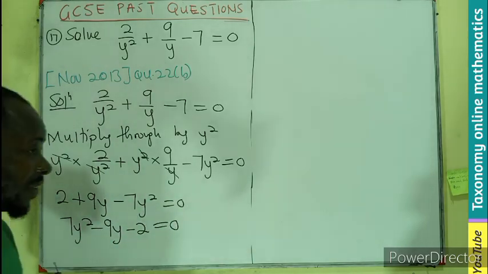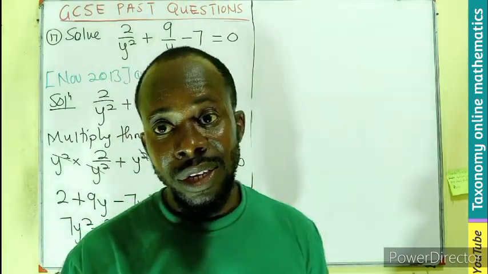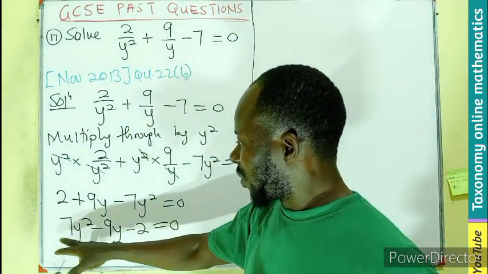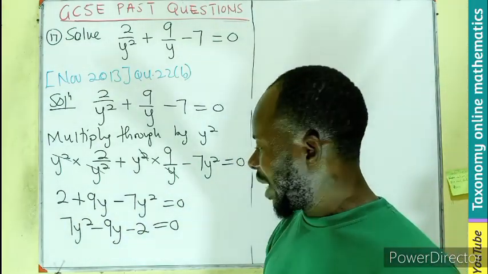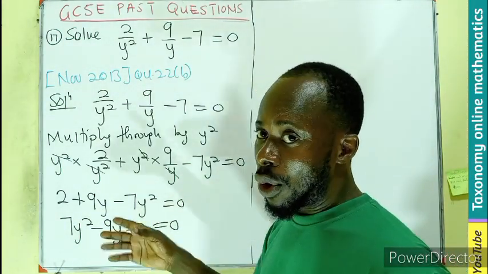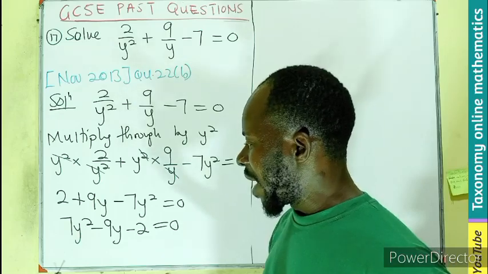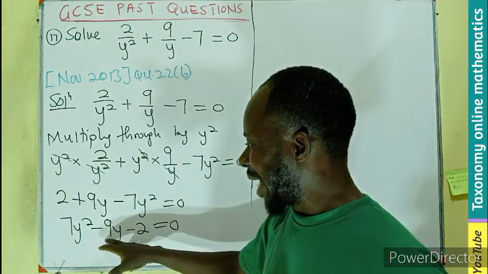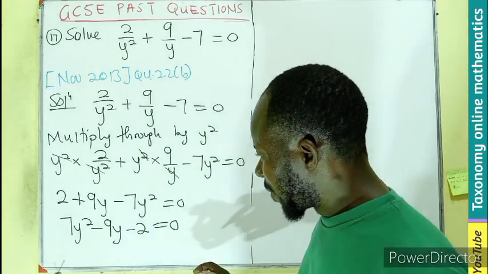0. So the first thing we are going to do here is to check whether we can factorize it. 7 times negative 2 will be negative 14. We need factors of negative 14 that, when added, give negative 9. Let's see.